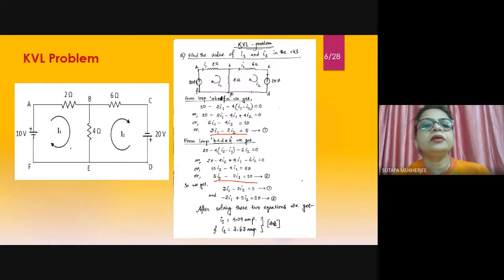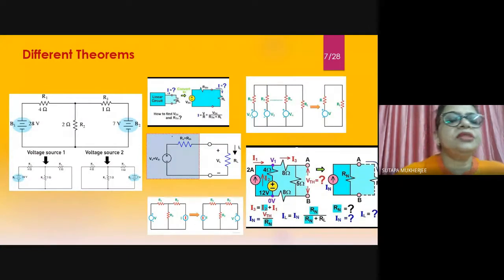Okay, fine. Now come to different theorems. We know different theorems, that is superposition theorem, Norton's theorem, Thevenin's theorem, maximum power transfer theorem, Millman's theorem, Tellegen's theorem. So first of all, we'll start with superposition theorem.